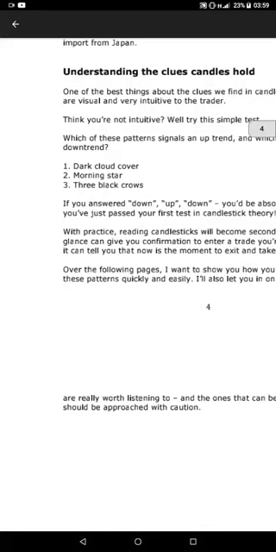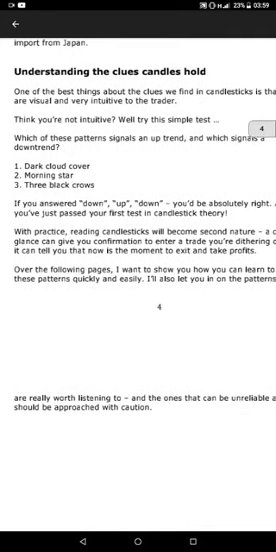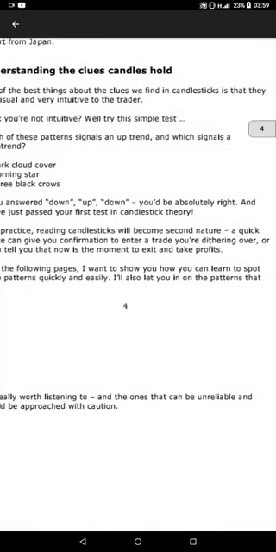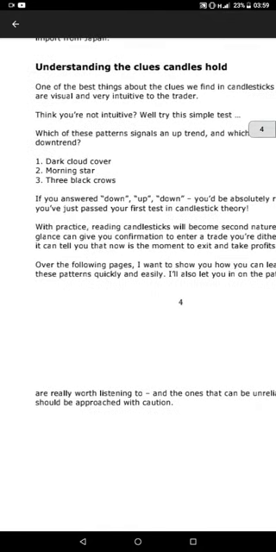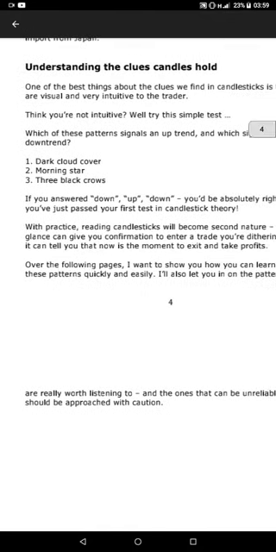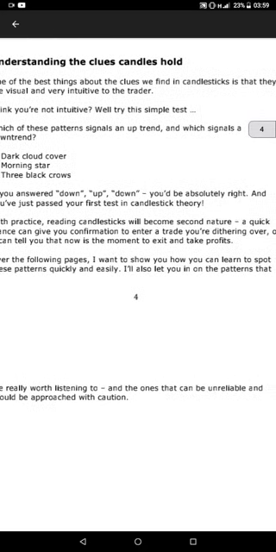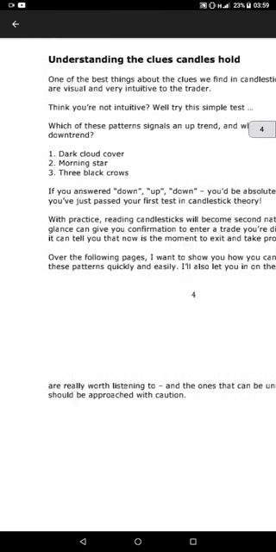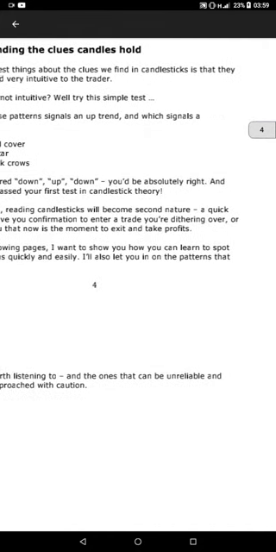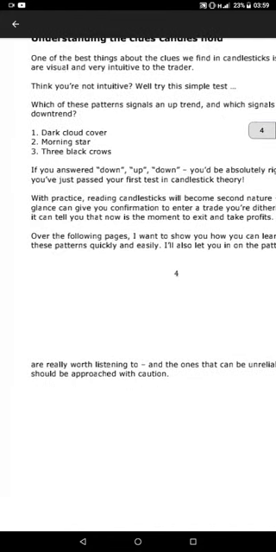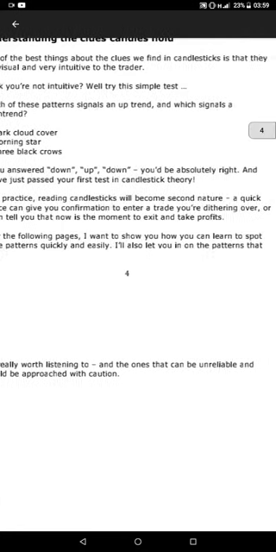A quick glance can give you a confirmation to enter a trade you are considering, or it can tell you that now is the moment to exit and take profit. Over the following pages, I want to show you how you can learn to spot these patterns quickly and easily.